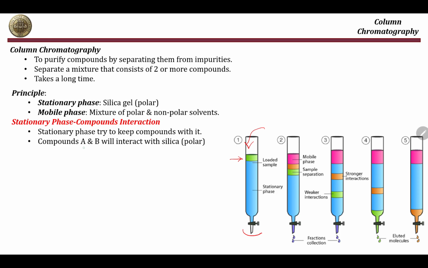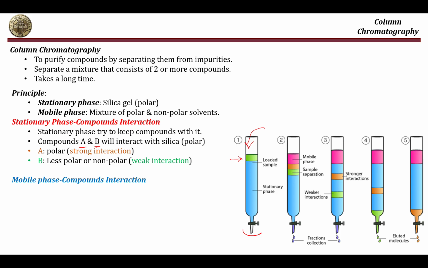Let's assume that we have two compounds A and B which were added to the column. Compounds A and B will interact with the silica gel. However, if we assume that compound A is a polar compound, then this compound will be strongly interacting with the stationary phase. Whereas B, which is a less polar compound, will be weakly interacting with the stationary phase.